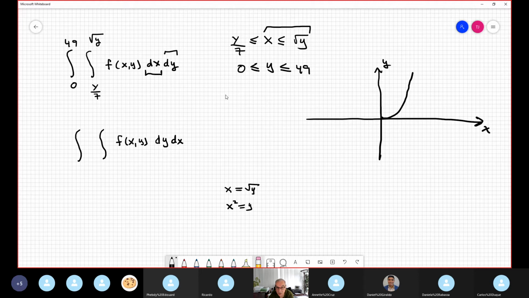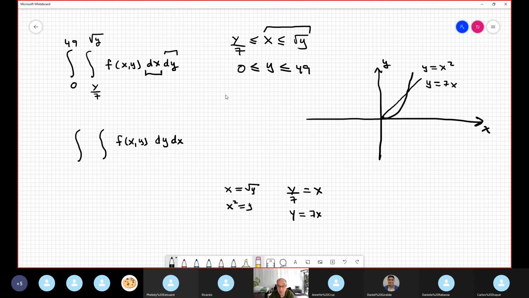I don't know if it's the total parabola or half of the parabola. It depends on the problem. Okay, this is the parabola y equals x squared. And the second equation is y/7 equals x. So y equals 7x. It's a line. It's a line passing through the origin. This line is y equals 7x.